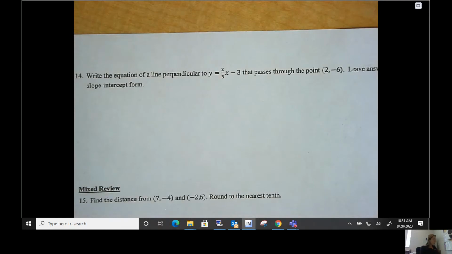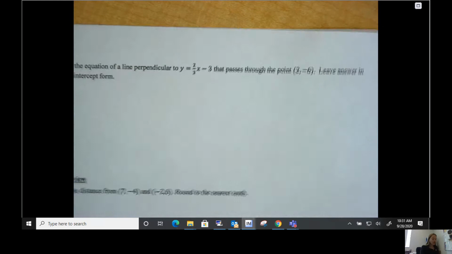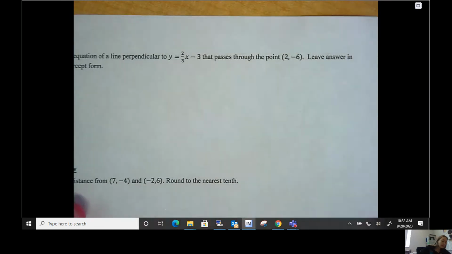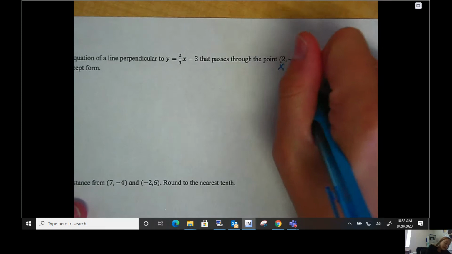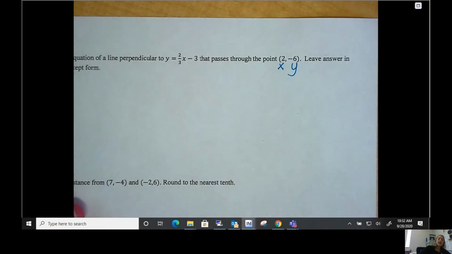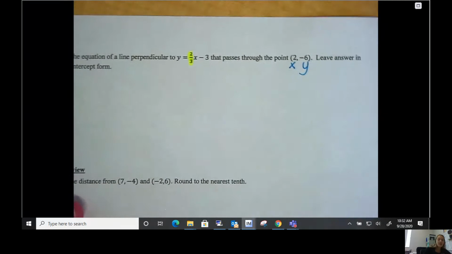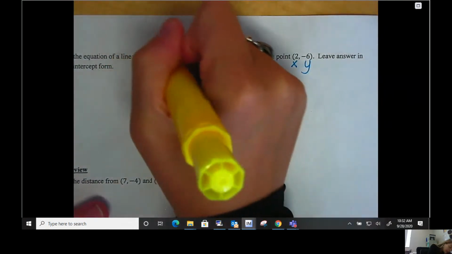Number 14. Write the equation of a line perpendicular to the one given to me that passes through the point 2, -6. So I mark my x and my y, and I highlight my slope, comes right before the x, it's 2/3. Now, it says perpendicular.